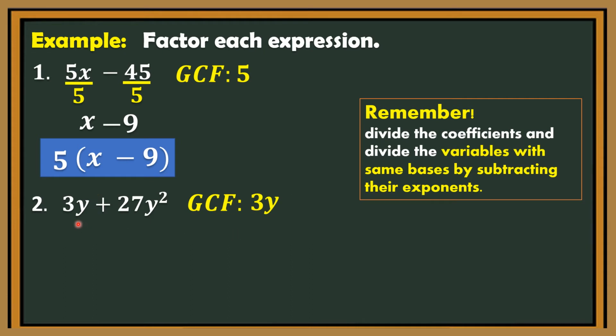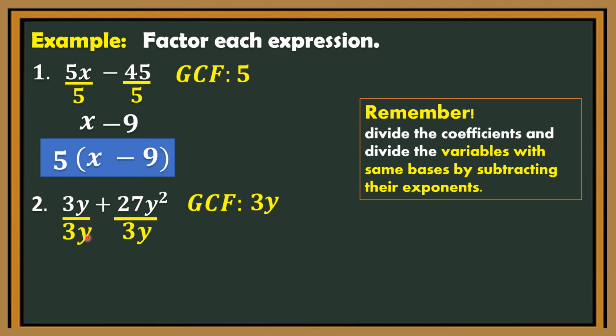We're going to divide each term by the greatest common factor. Divide it by 3y. Always remember, divide the coefficients and divide the variables with same bases only, and then subtract their exponents. So let us divide first the coefficients. 3 divided by 3, that is 1. Y divided by y, same variable.